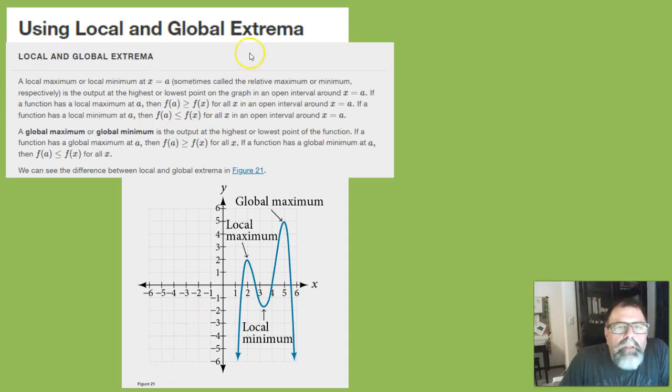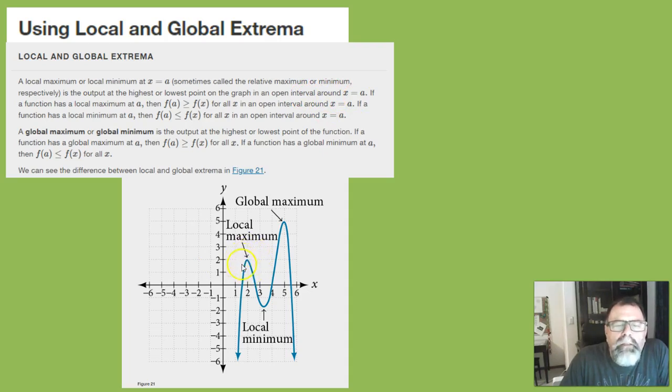So we're on local and global extrema. A local maximum or local minimum at x equals a, sometimes called a relative maximum or minimum, respectively, is the output at the highest point or lowest point on the graph in an open interval around x equals a. So you're just looking at a portion of the graph.